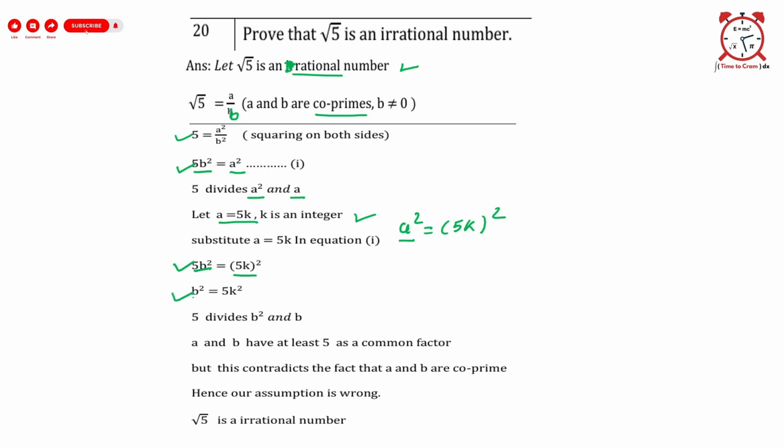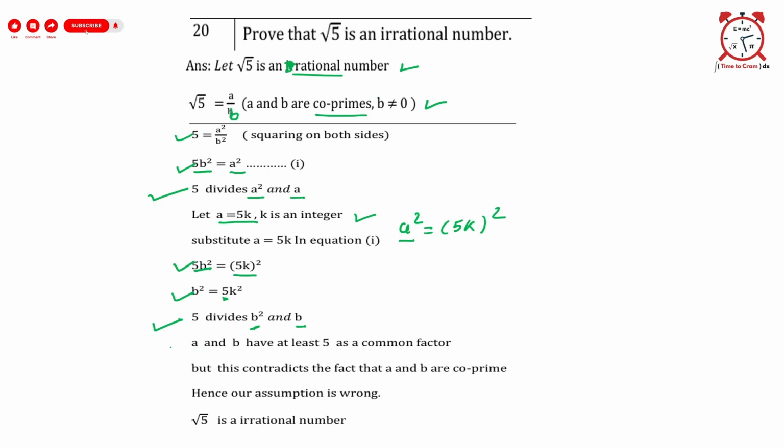So now as per this equation, again 5 divides b square and then b. So now what we found here, 5 divides a square and a, then 5 divides b square and b. But what was our assumption? It is a co-prime number. It does not have any common factors. Here we are getting 5 as a common factor for a and b both.